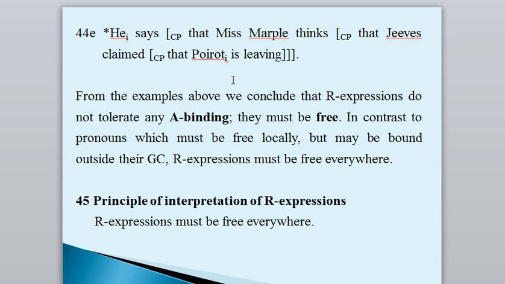So this is Principle C of the binding theory, and this is the last principle of binding theory. So we talked about three kinds of principle. Principle A, which talks about the reflexives, Principle B, which talks about the pronouns, and Principle C, which talks about the R-expression, or proper names.